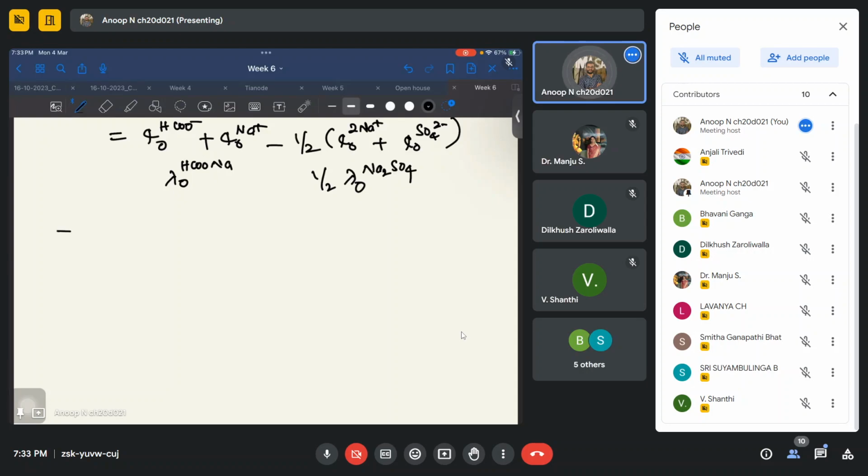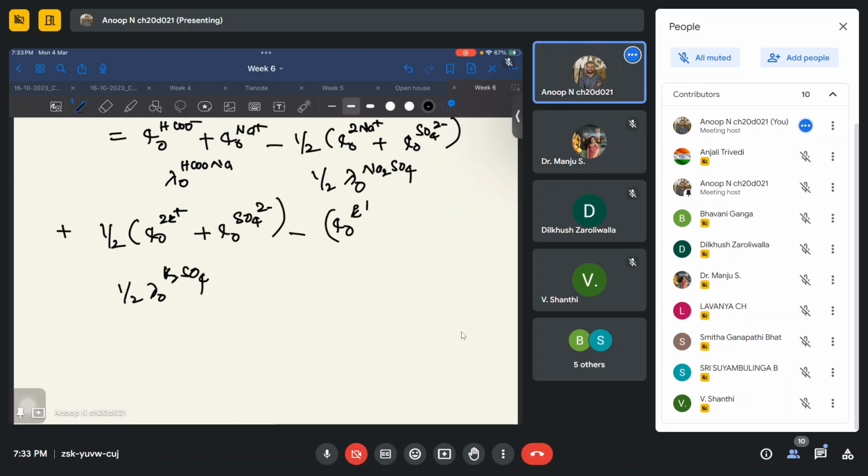Then plus half into L0 2K plus L0 SO4 2 minus. This is nothing but half lambda 0 K2SO4. Then minus L0 K plus L0 Cl minus. This is nothing but lambda 0 KCl.